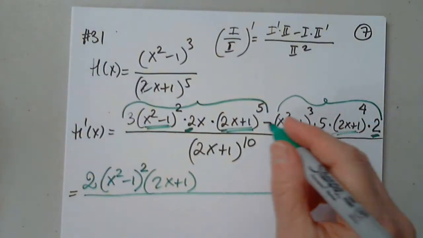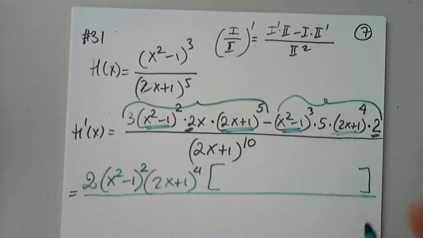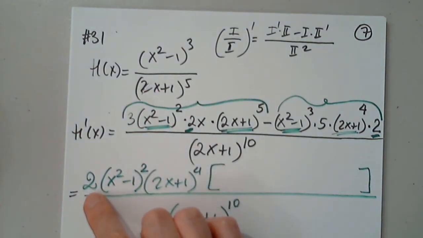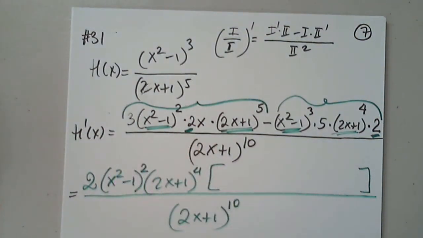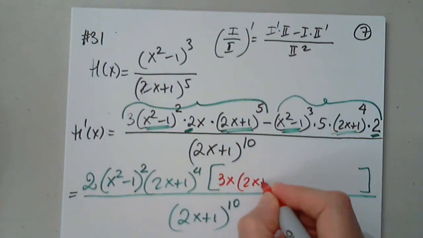Very good, the smallest of the two. Perfect. So let's see what is out. 2 is out, but 3x is in. X squared minus 1 squared is out, but only 4 of these are out. So there is 1 left over.